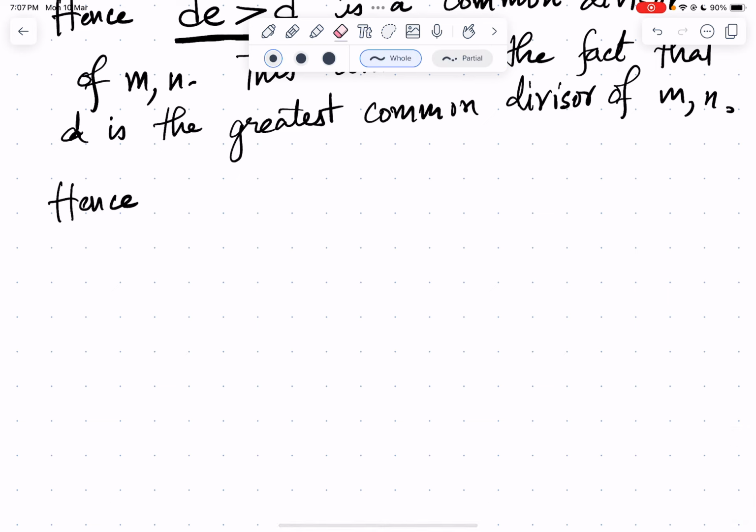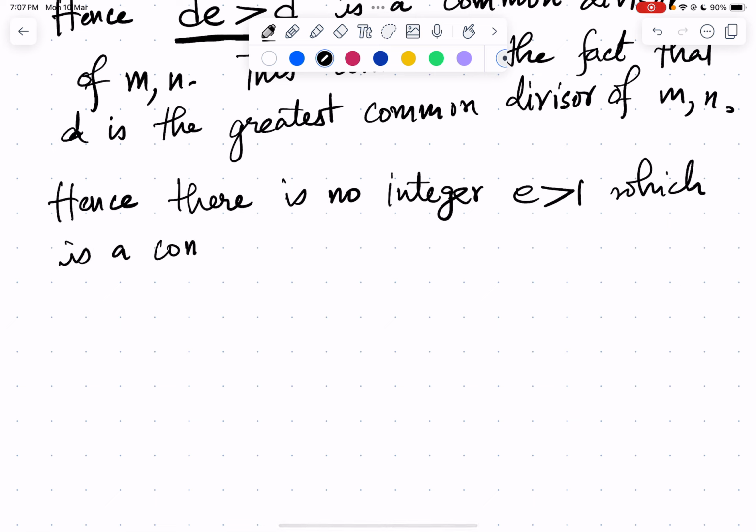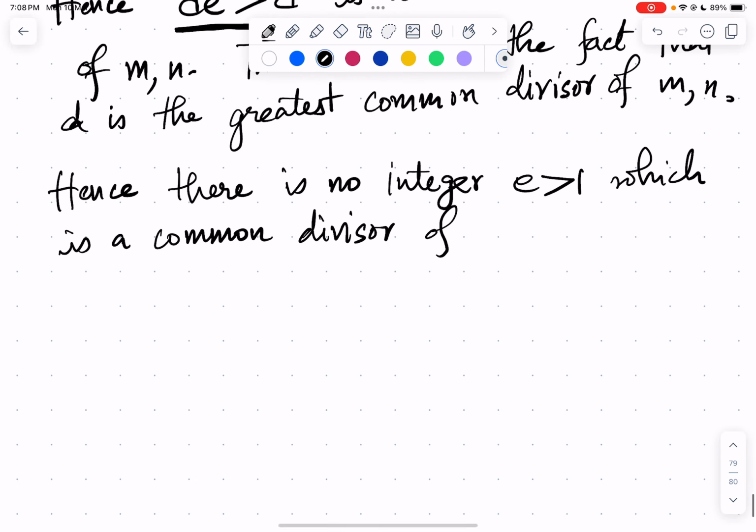That is, there is no integer e greater than 1 which is a common divisor of r and s, as needed.